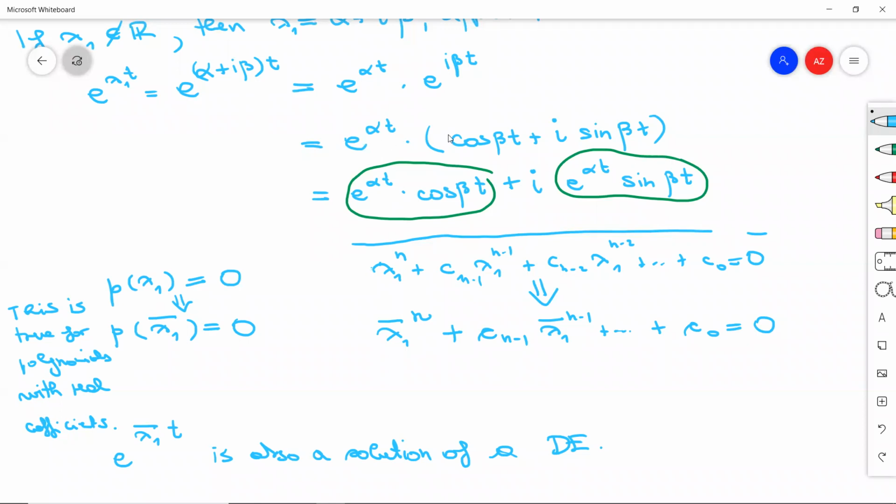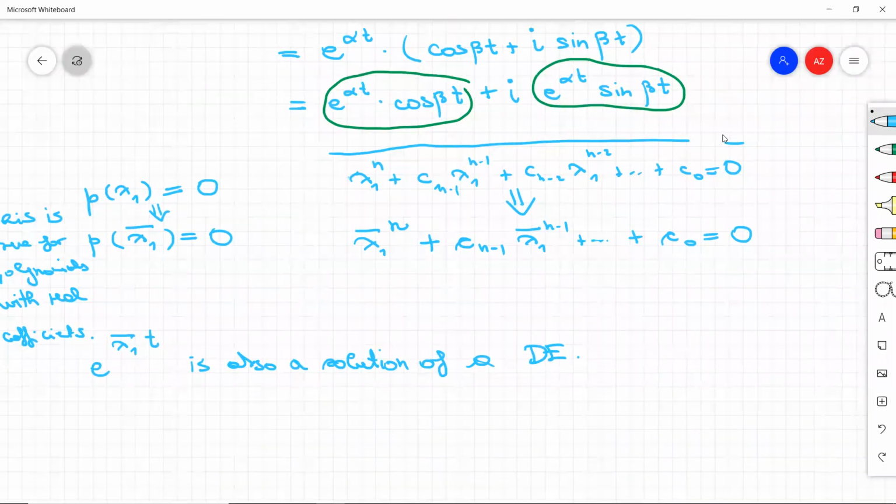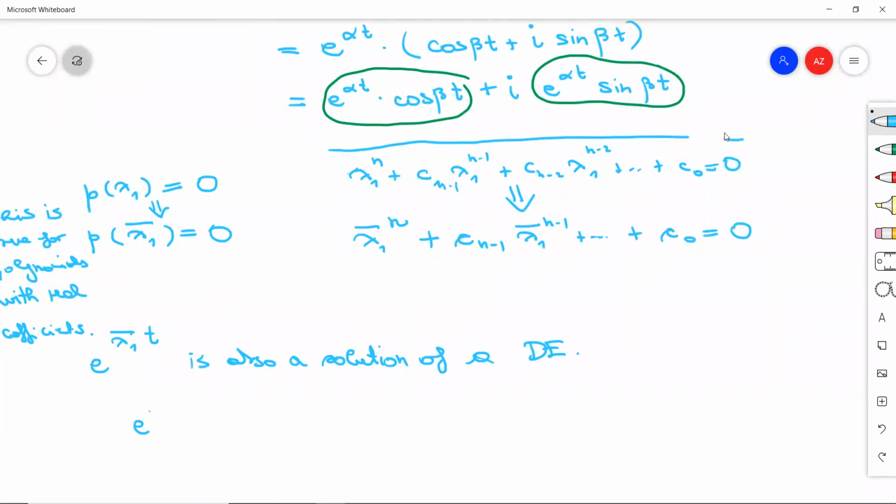Then in this third equality, e to alpha t remains, and then cosine of minus beta t plus i times sine of minus beta t. So e to lambda 1 conjugated t, after this derivation, is e to alpha t times cosine of minus beta t plus i times sine of minus beta t.